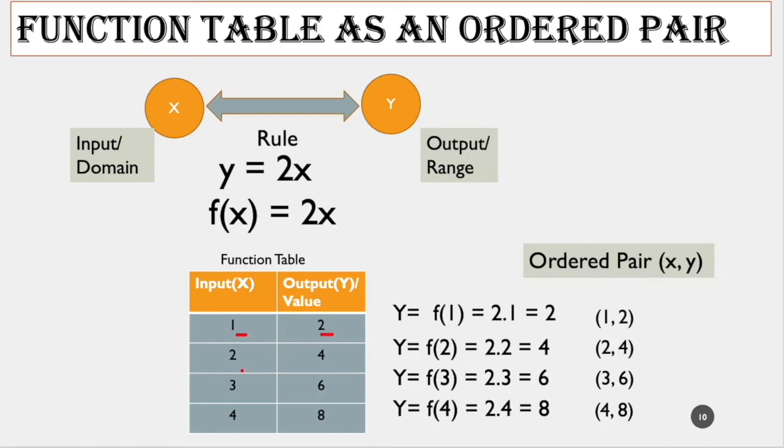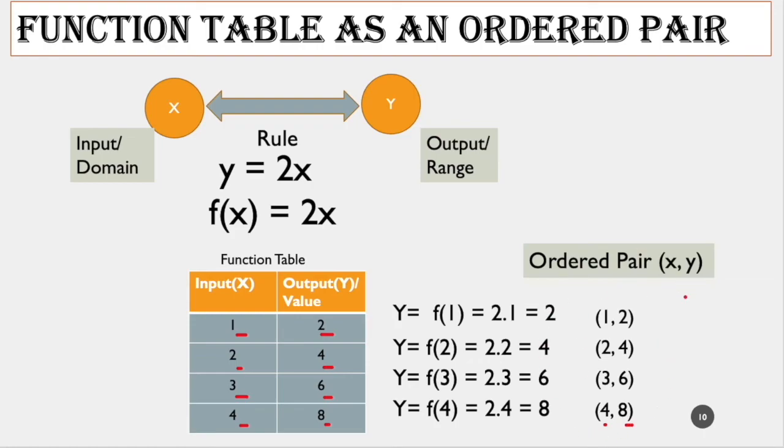Our second ordered pair would be (2, 4). For the third ordered pair, x would be 3 and the y coordinate would be the output value 6. And for our fourth ordered pair, the x coordinate would be 4 and the corresponding y coordinate would be 8.